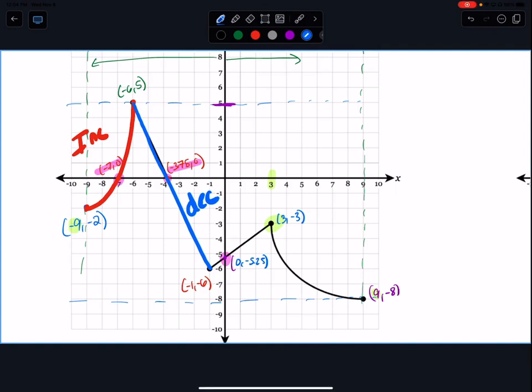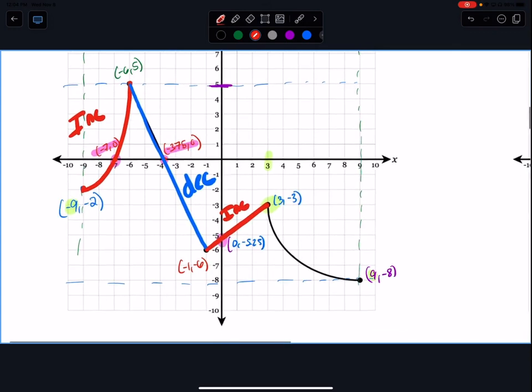I'm going back up, so this is the part where I'm increasing. So, increasing, decreasing. And then I keep going from here, and what's this curved part doing? Yeah, it's curved, but it's still decreasing. So I've just labeled my whole graph here with the parts that are increasing and all the parts that are decreasing.